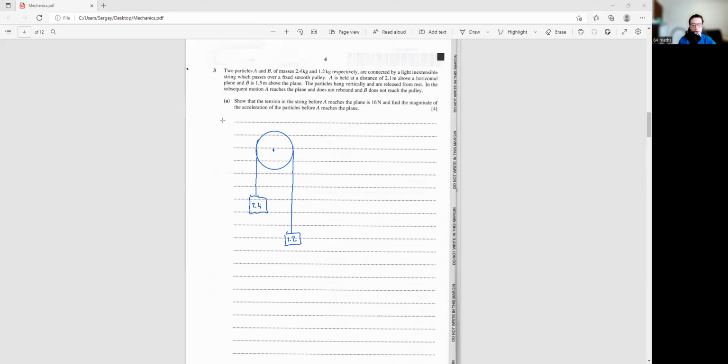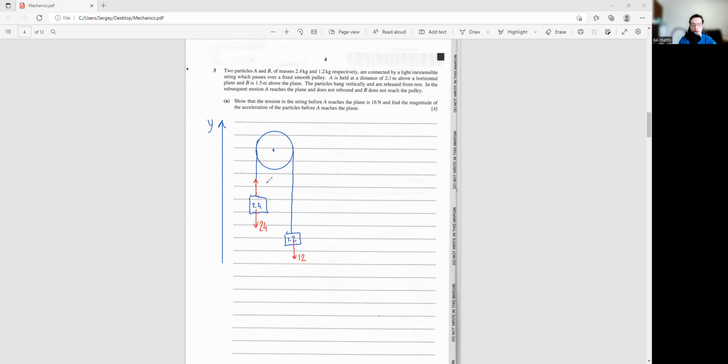Again, before we do anything, we'll have to choose the direction of the y-axis. I'm going to choose it upwards. And then let's draw the force diagram. So in this particle, we got 24 newtons of weight acting downwards. On this particle, we got 12 newtons, again acting downwards.